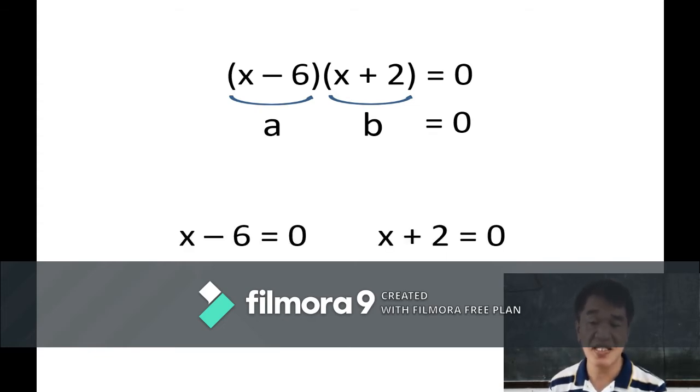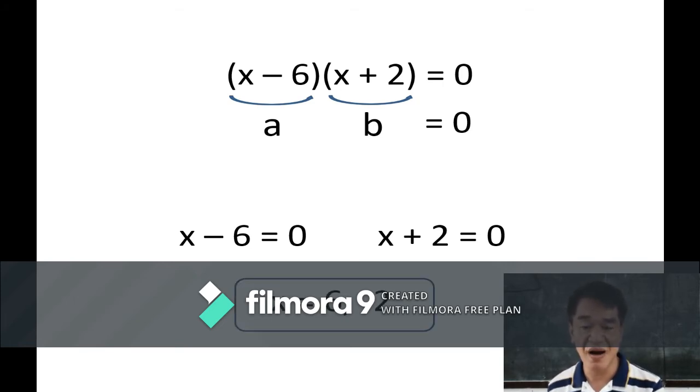If x minus 6 is 0, then obviously the value of x should be 6, right? And if x plus 2 is 0, the value of x should be negative 2. Therefore, the values we are looking for are x to be 6 and negative 2, which is what we are looking for.